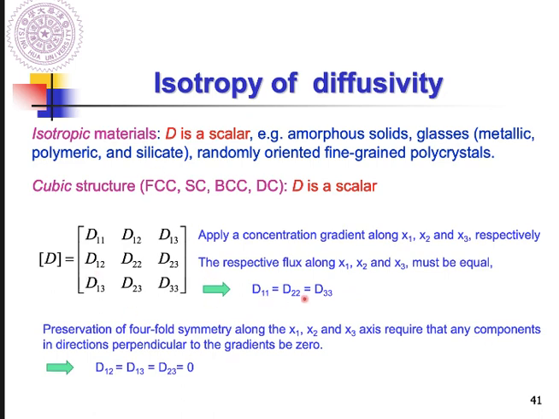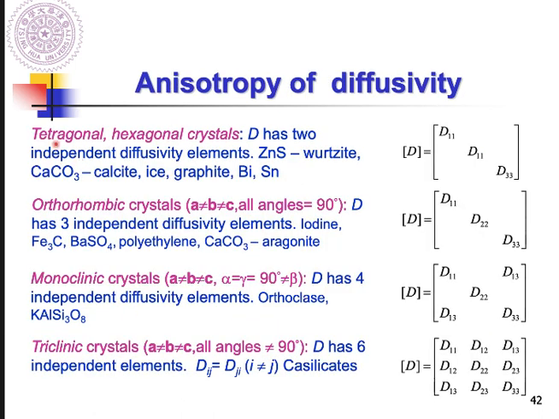for cubic structure, but if the material we have is tetragonal or hexagonal structures. And what's tetragonal? A equals B, not equal to C, right? And the angles between two axes still remain 90 degrees. So you get D11 equals D22 and not equal to D33.